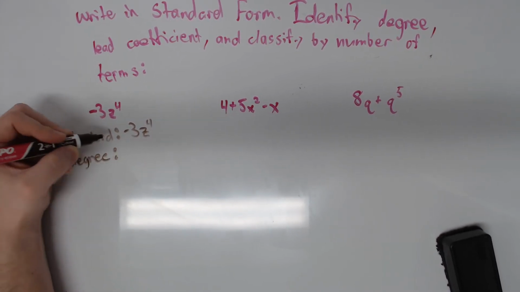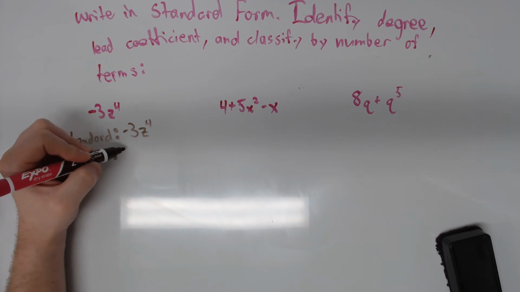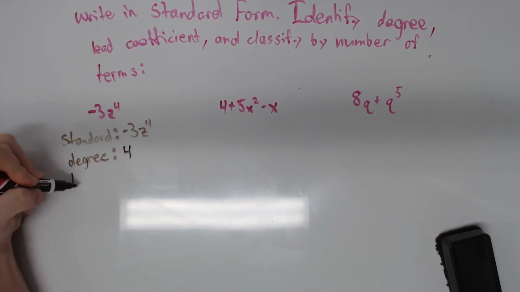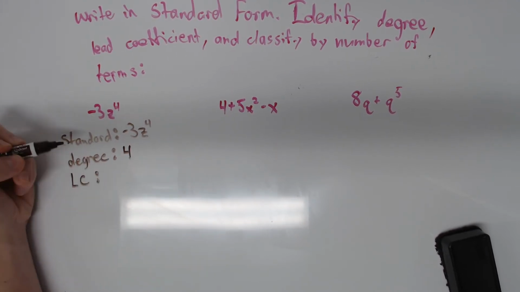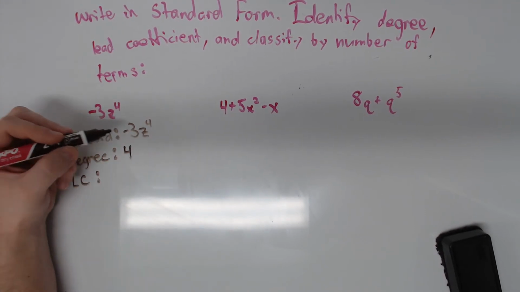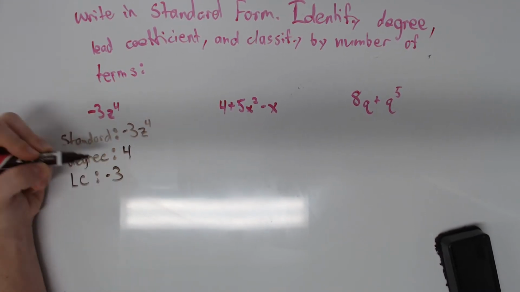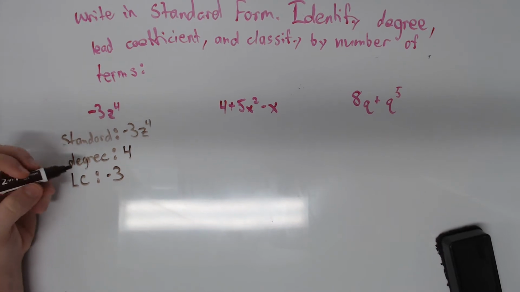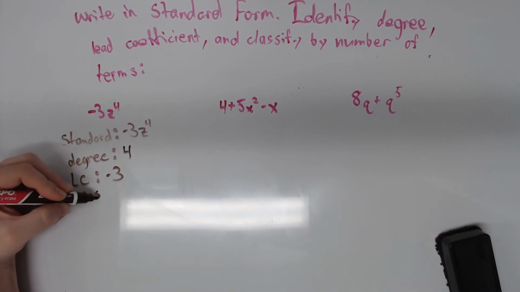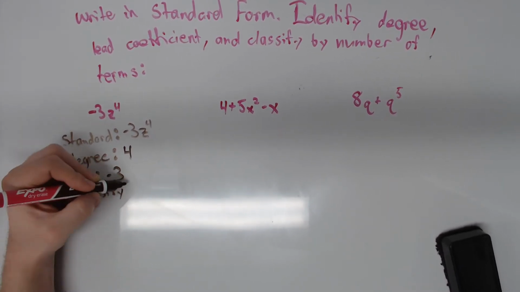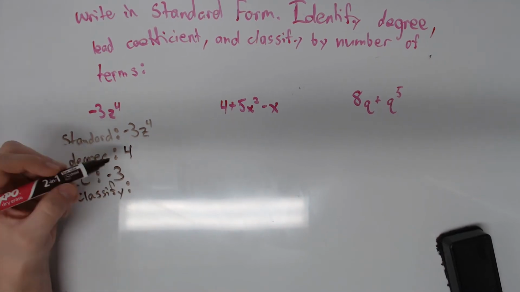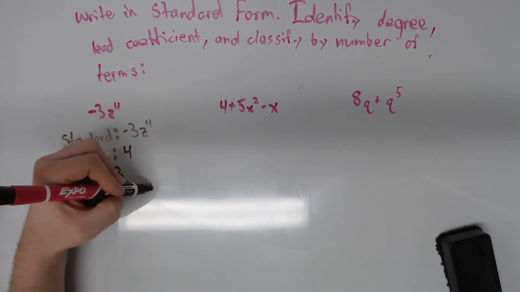It's a monomial, so whatever its power is has to be the degree of the whole thing. Its lead coefficient, again, it's the only term. I only have one thing to look at. The number in front is a -3. And its classification, it's one term. So what's our one term name? That is a monomial.